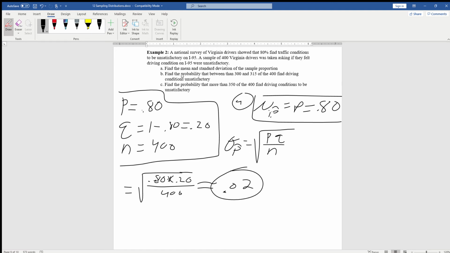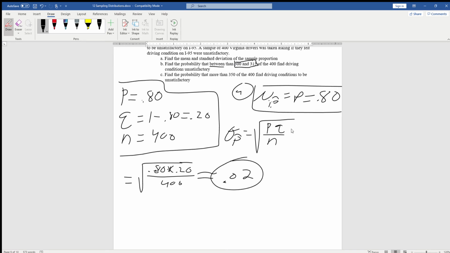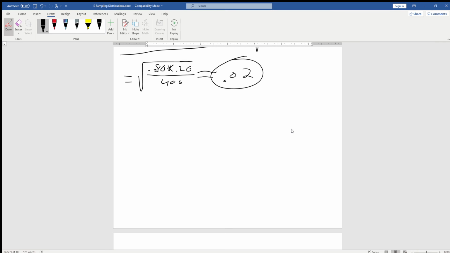For part B, find the probability that between, okay, so this is a Z1 and Z2, between 300 and 315 of the 400 found driving conditions to be unsatisfactory. All right, so we're going to have two x's in this case.